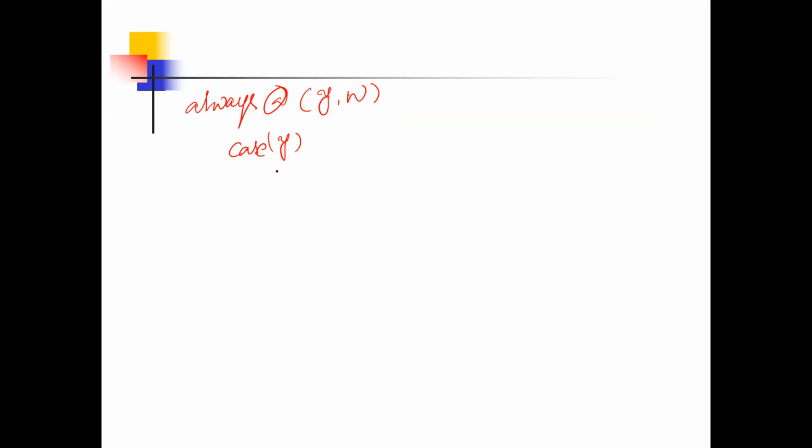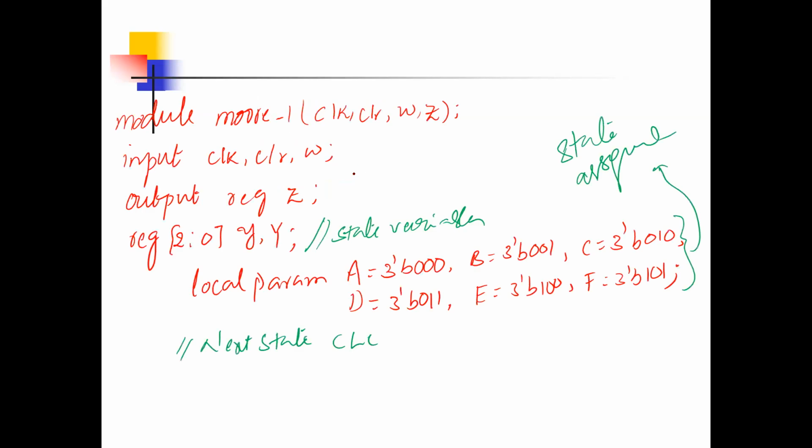So first I can write like this. Suppose A. Case statement is A. If W, suppose you are at state A. If W is equal to 1, go to B state.